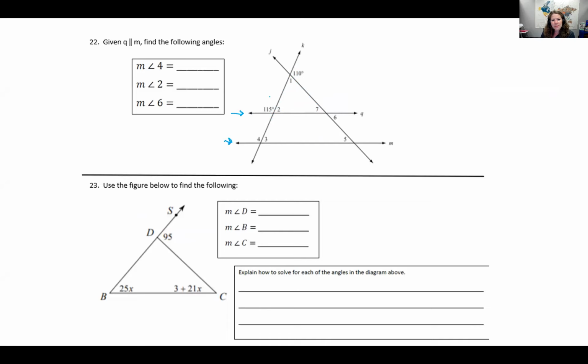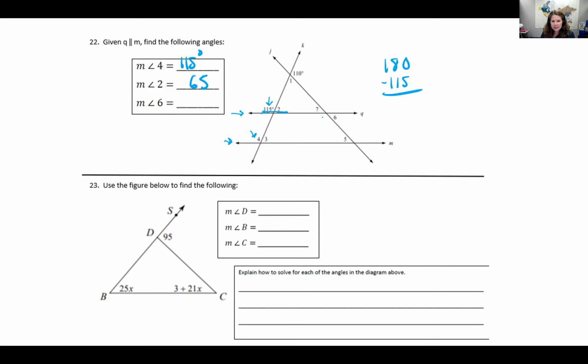So if this is above the parallel line and to the right of the transversal, that means angle 4 is also 115 degrees. All right, angle 2, these are supplementary. So for angle 2, I'm simply subtracting 115 from 180, and I get 65.